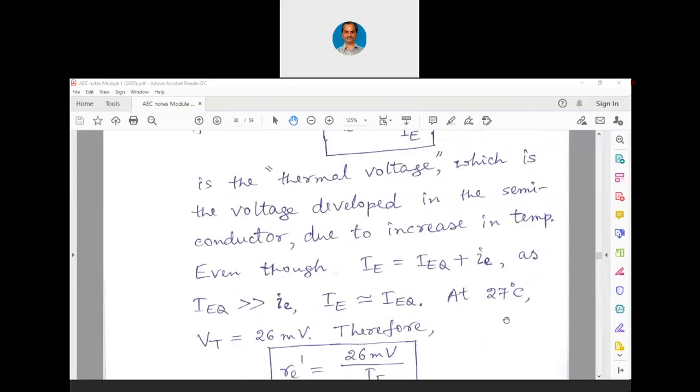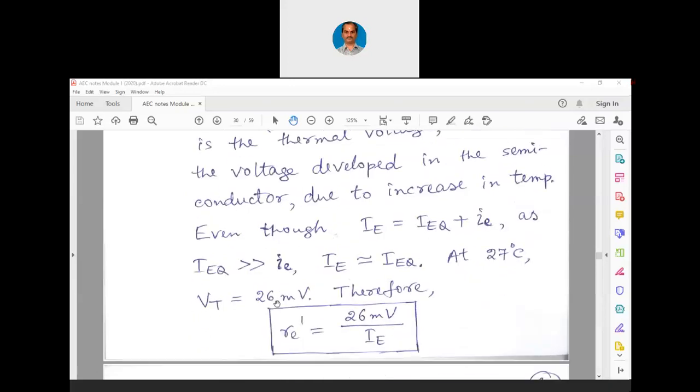At 27 degrees centigrade, VT equals 26 millivolts. That is K into T divided by Q. K is a constant, Q is a constant, and if T is considered as 27 degrees centigrade, we get the thermal voltage VT equals 26 millivolts. You would have already come across this term when studying engineering physics.